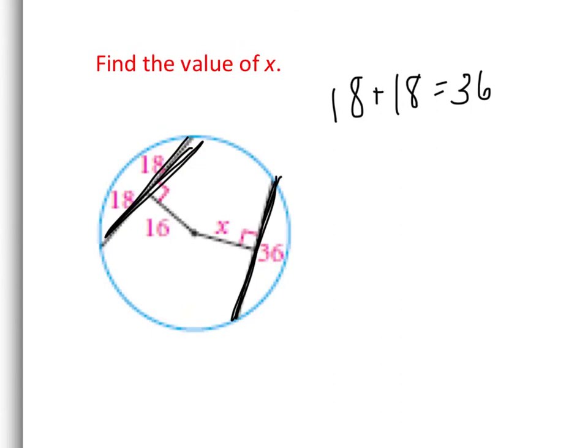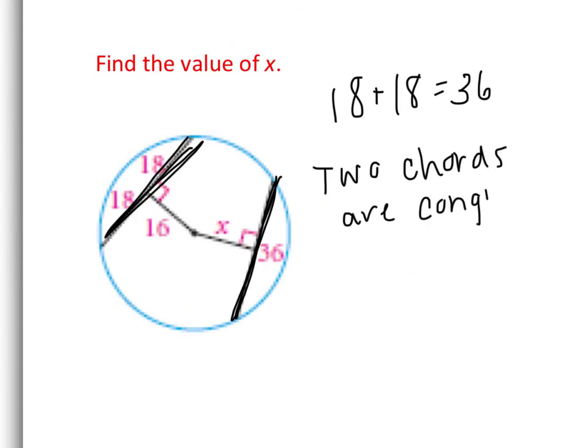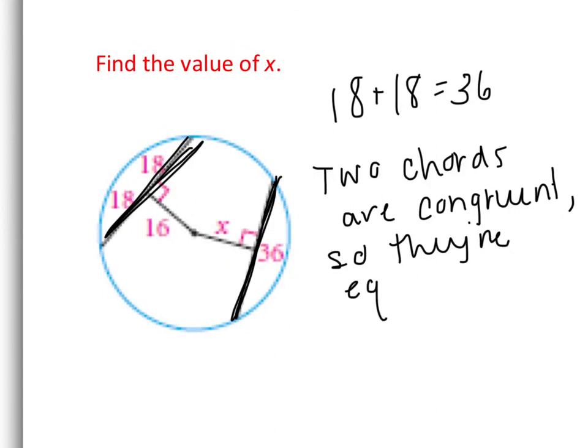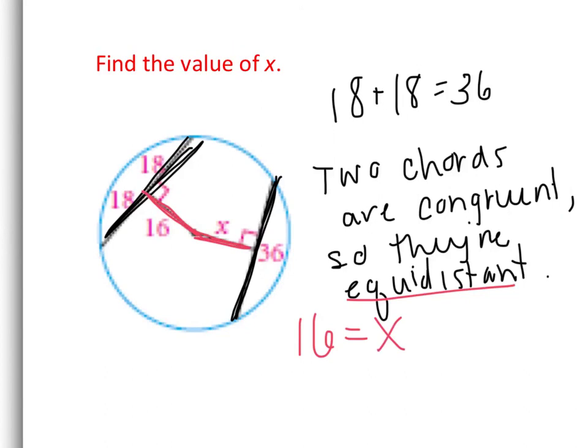Therefore, the two chords are congruent, so you know that they're equidistant. You're given that this distance is 16 units, and this distance is x units. But you know that they're equidistant, so 16 should be equal to x. So x would actually equal 16, that's your answer.